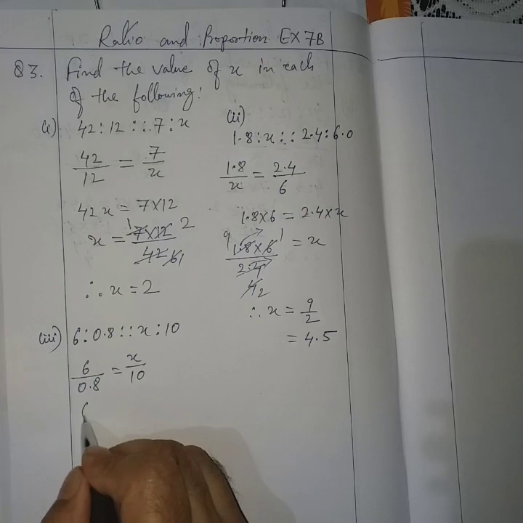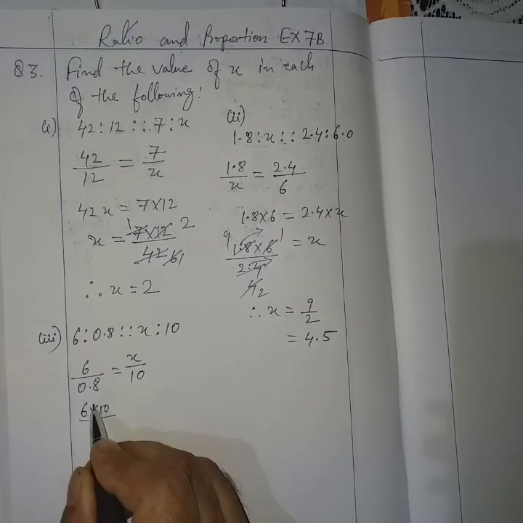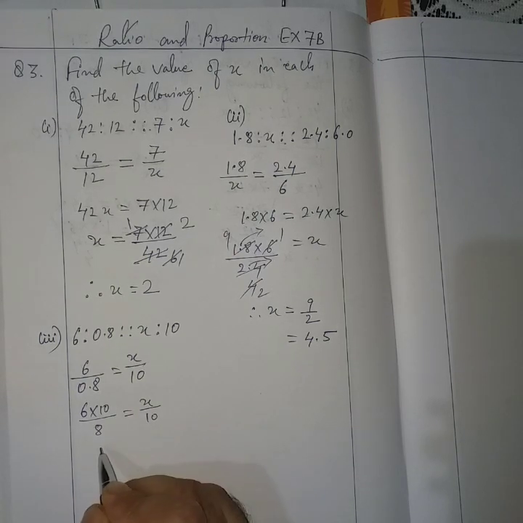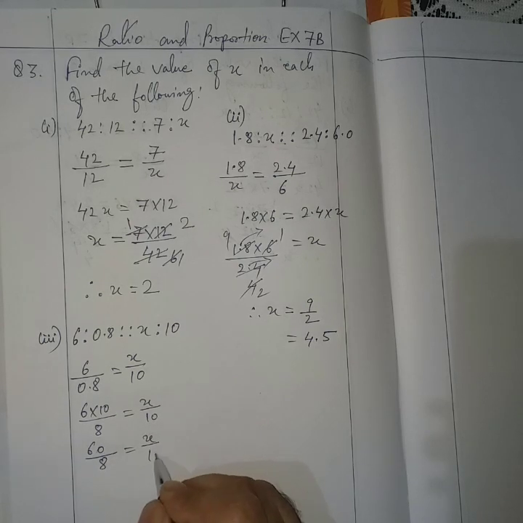For that, this will be 6 into 10 and here 8. x by 10. This becomes 60 by 8, 60 by 8 is equal to x by 10.